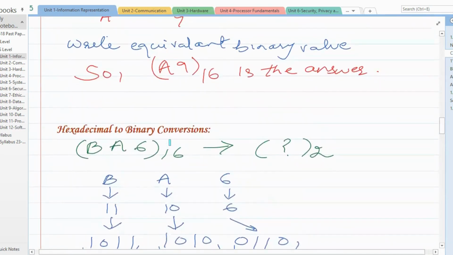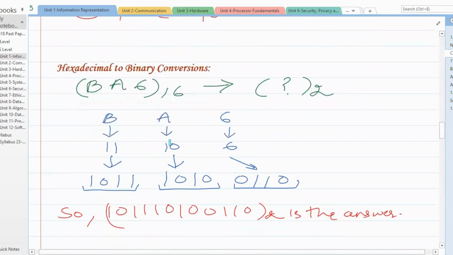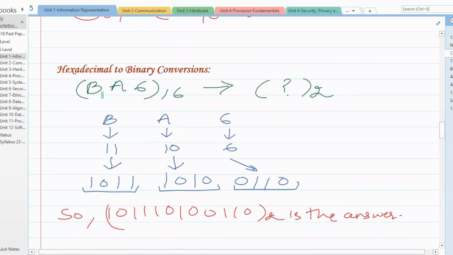Now, for hexa to binary conversion, I have taken one more number here in hexadecimal, and we are going to convert it into binary. Okay.